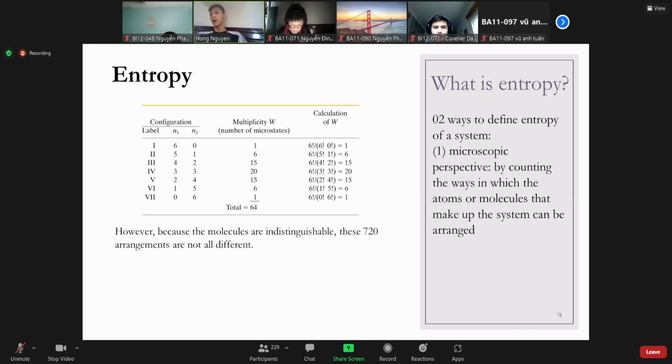We will have a lot of identical arrangements, right? So we will have to eliminate the identical arrangements because these are the same. We cannot use the factorial 6 to calculate the number of microstates because there are a lot of arrangements that are identical, so we cannot count them twice.